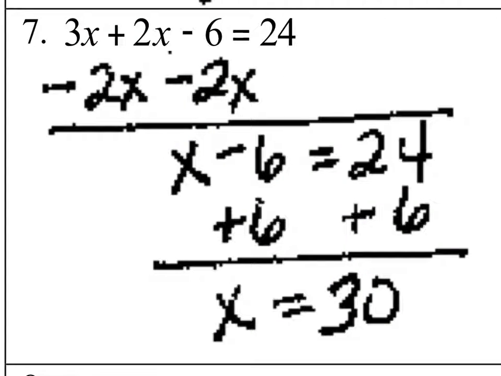Right here. This one also is common, just not as common as the other ones. So we've got 3x plus 2x, so naturally you'd subtract 2x from both sides. No, that is not what you should do. What you should do is combine the like terms on one side of the equation. If you can on both, then that's fine too.